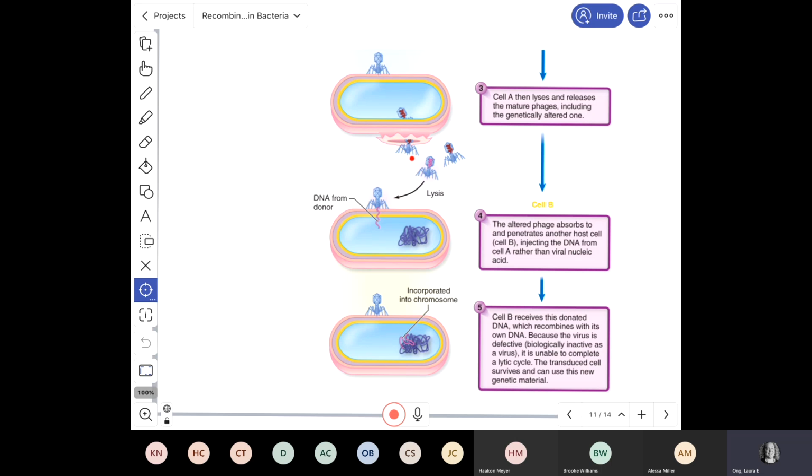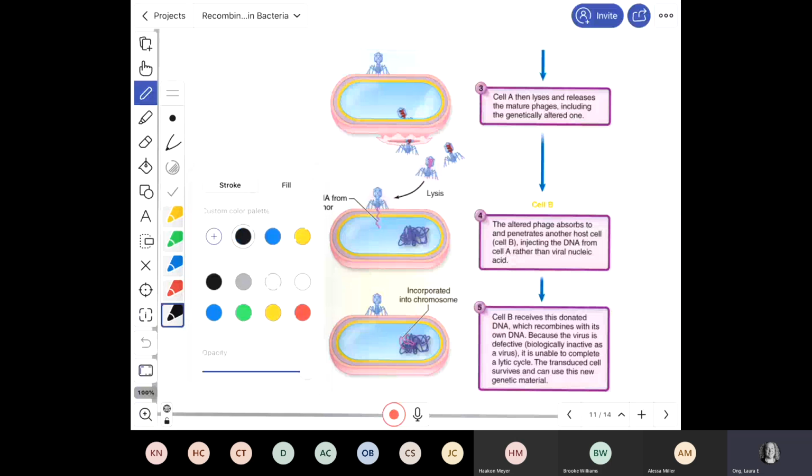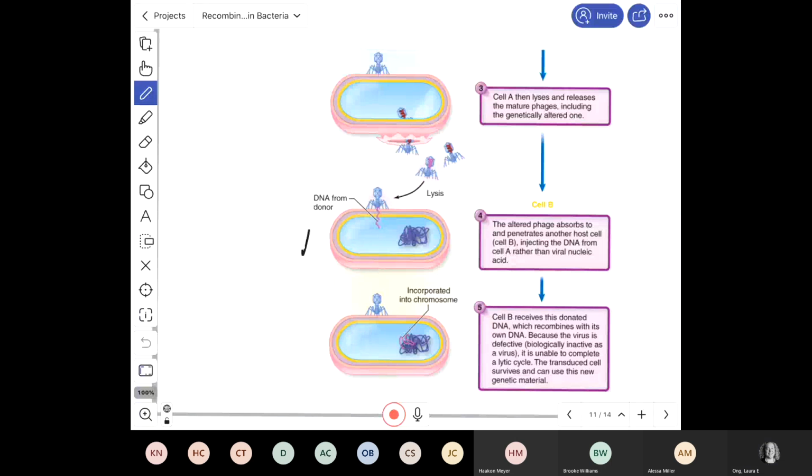And that virus can still attach to a host cell and it can still do penetration and send the genome in. But what is happening is that this host cell is getting bacterial DNA, not viral.